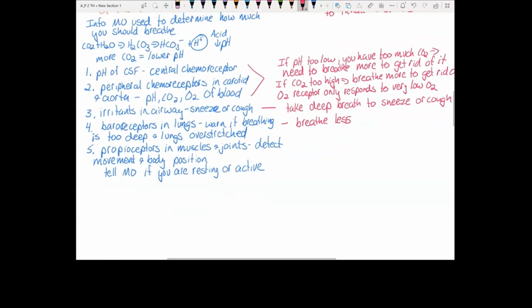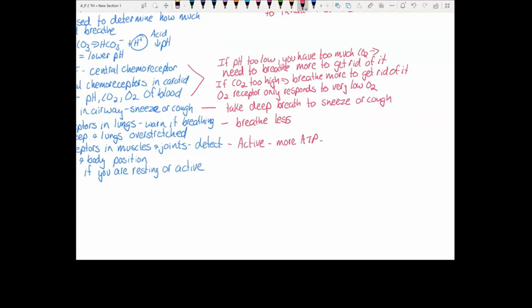And with the proprioceptors, think back to chapter 3, use that information. If you are active, that means you're going to use more ATP. And every time you make ATP, you also make carbon dioxide. And if you're making more carbon dioxide, then you need to breathe more to get rid of it.